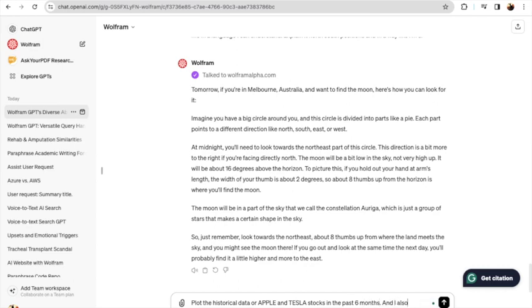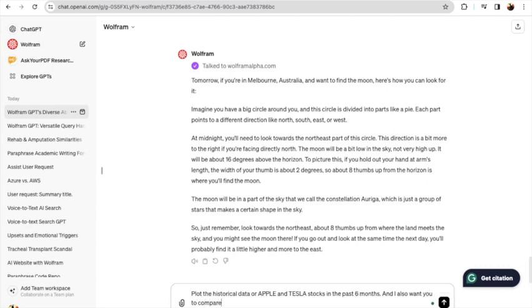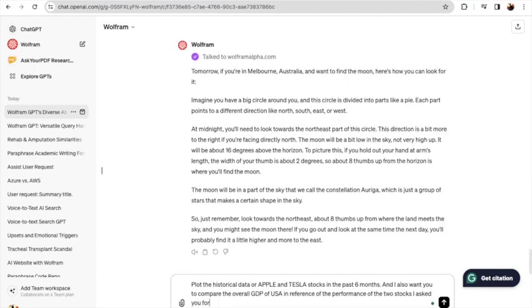And I also want you to compare the overall GDP of America, USA, in reference to the performance of the stocks.